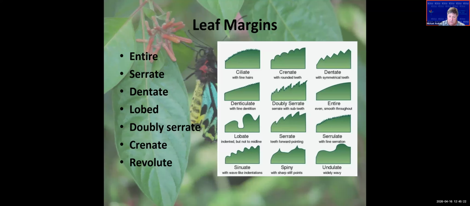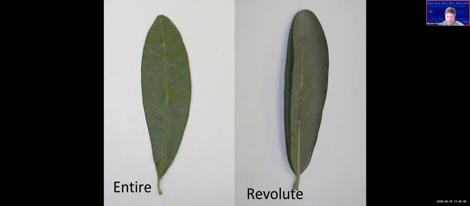Real common ones, like here you can see, are serrate. Those are ones where the edge of the leaf looks like a saw. And then there's doubly serrate. That's where each actual serration has serrations on it. So serrations on serrations is doubly serrate. Entire is smooth. And then there's, again, many other ways to describe them. You just got to get used to using that kind of terminology.